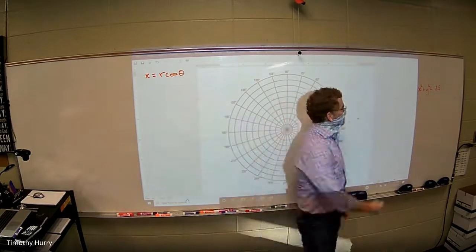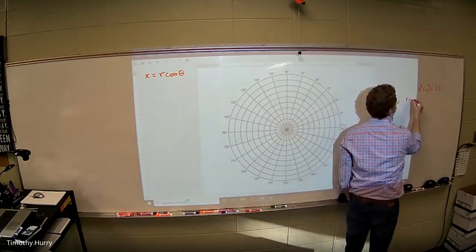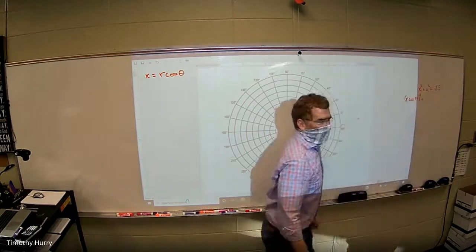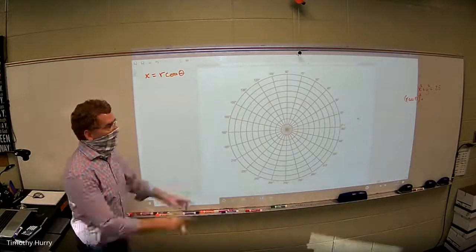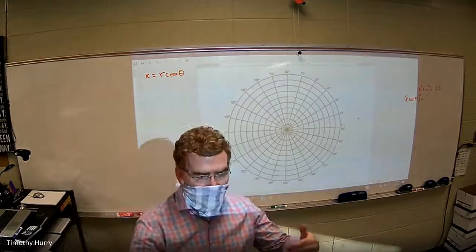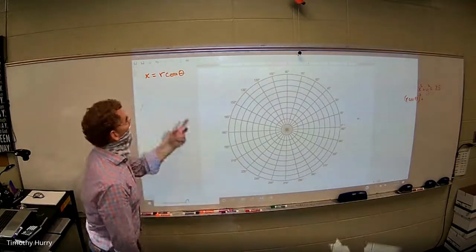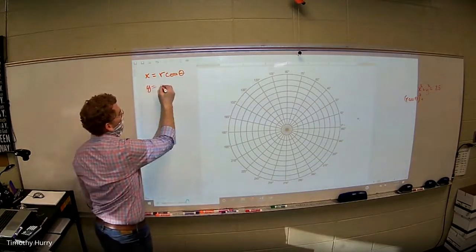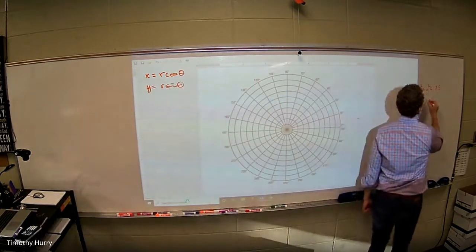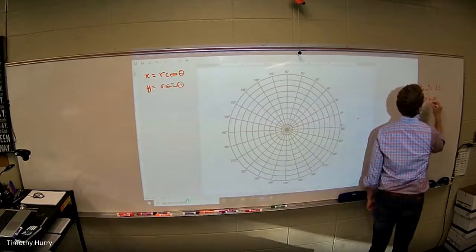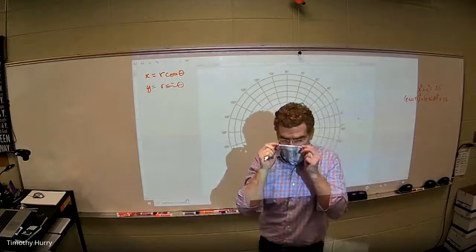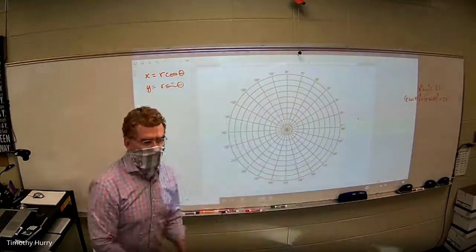So I could take this, put it over here, and go r cosine theta squared. What did we do with y? And notice it doesn't have x in it anymore. It just has r's and thetas, which is changing it to another way to graph these. What about the y? What was that equal to? R sine theta? So I could come over here and say r sine theta quantity squared. And right there, I have just changed this from a rectangular to a polar.